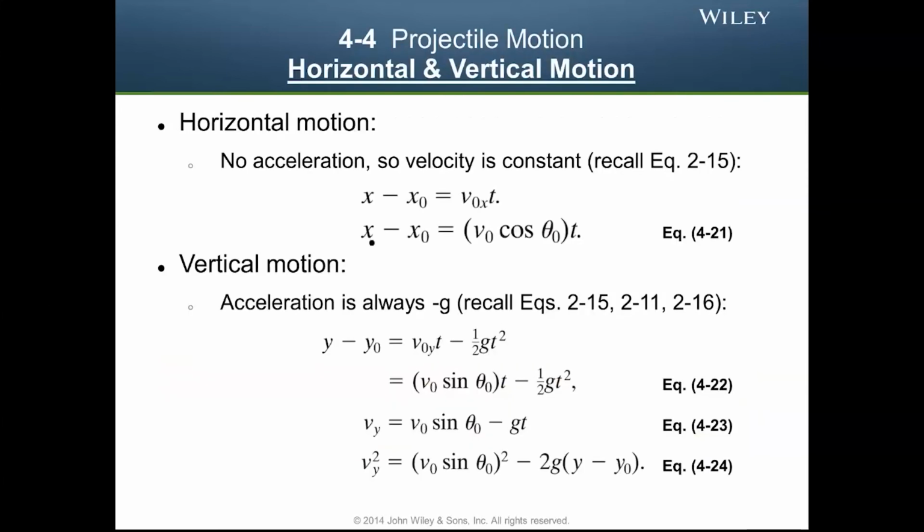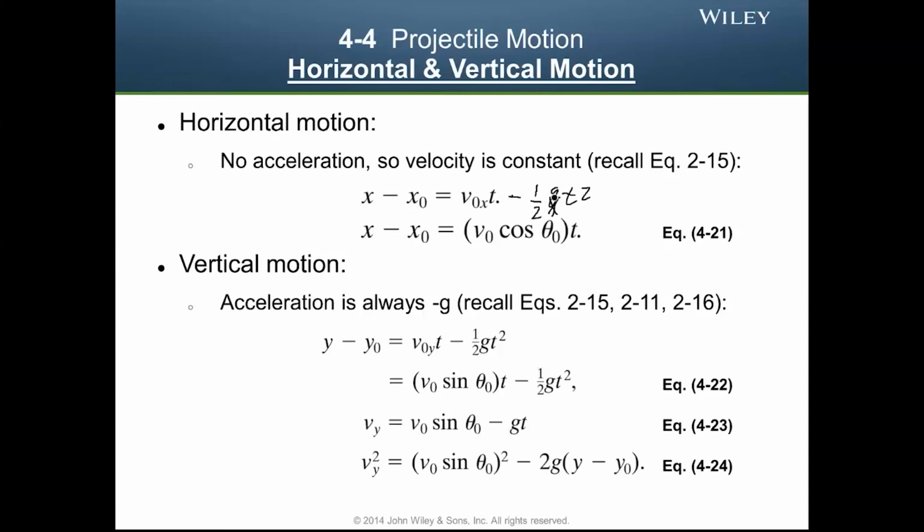For horizontal motion, like we said, there's no acceleration. The velocity is constant, so you can use these equations. The vertical motion, again, is not constant. So it has an acceleration, which is this portion. This portion originally had the g t squared term, but in the horizontal case it doesn't actually exist, because this is just acceleration.